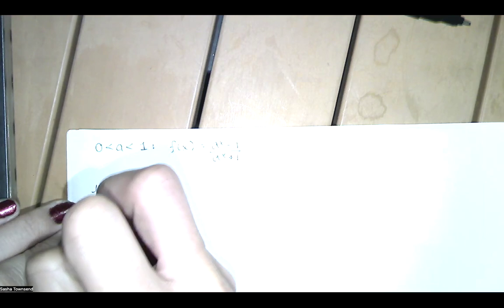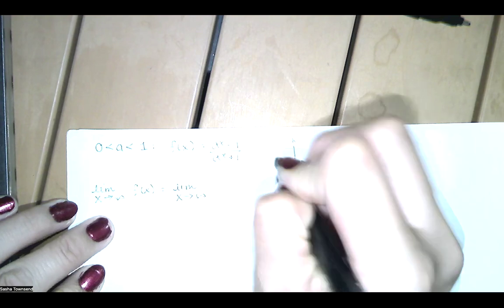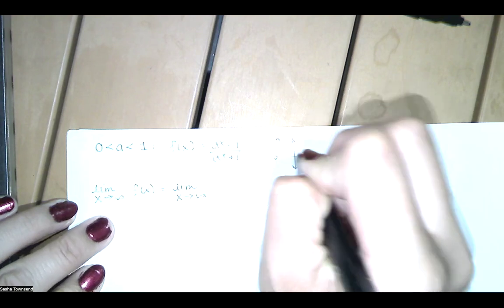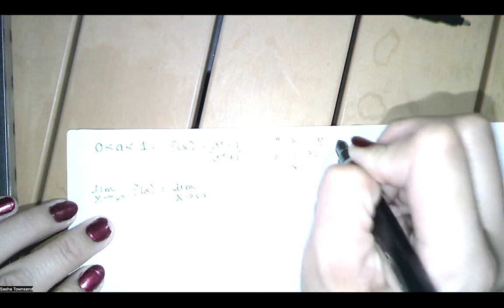if my f of x is a to the x minus 1 divided by a to the x plus 1, if I look at the limit as x goes to infinity of f of x in this case, remember what that a to the x looks like if a is between 0 and 1? It's a decreasing function.